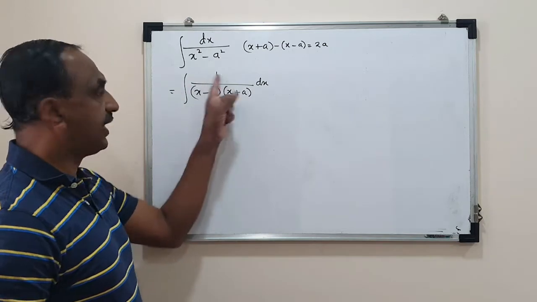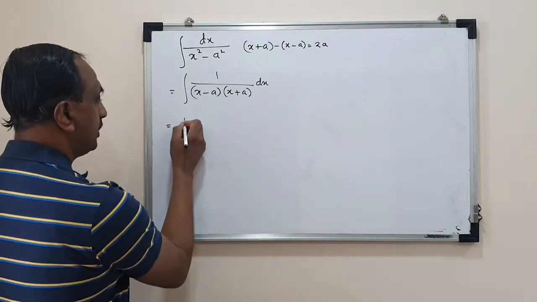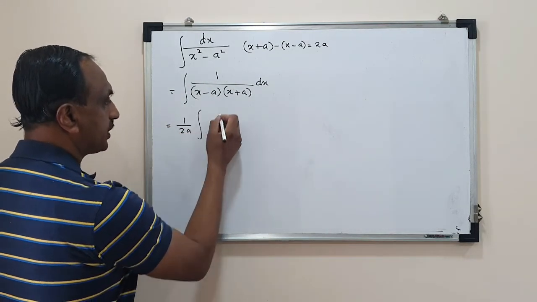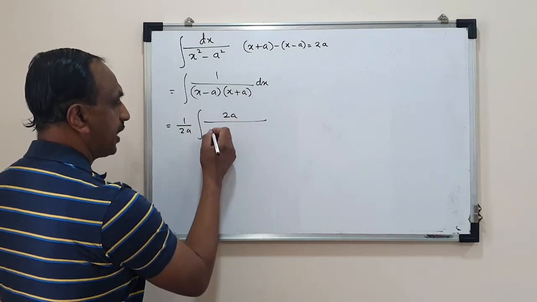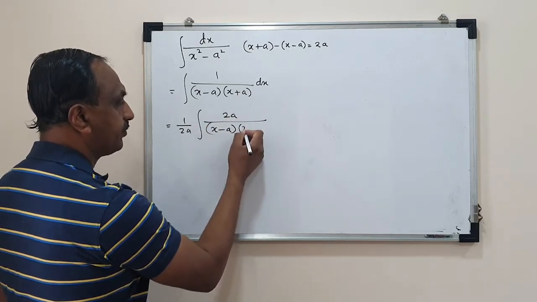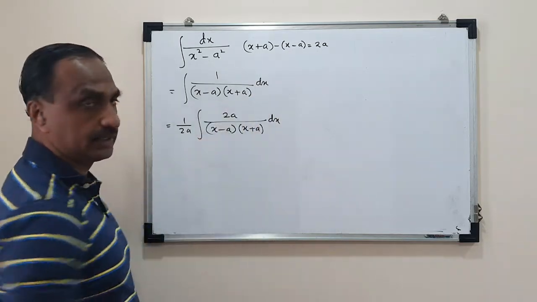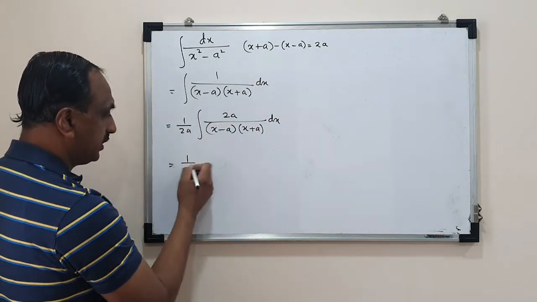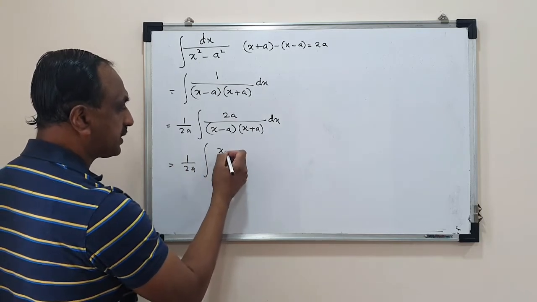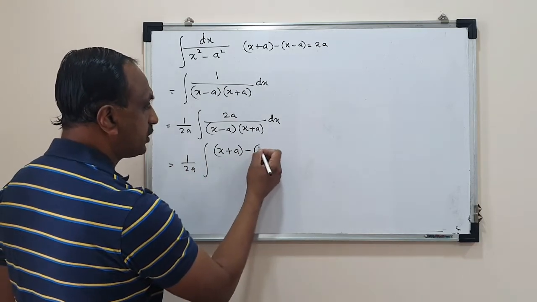And I can always divide and multiply by a constant. So I am going to divide and multiply by 2a. And why did I select this 2a? Because 2a is the difference between the denominator terms, so that the numerator 2a can be expressed as the difference of the denominator terms.